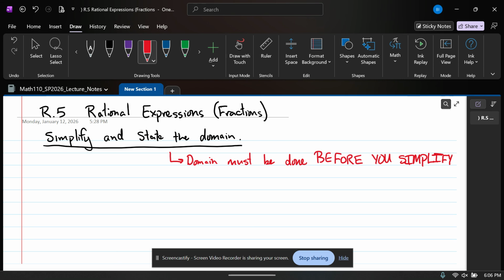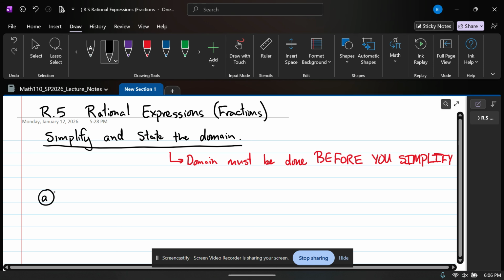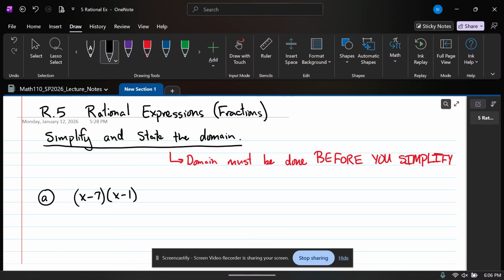Okay. So let's get our first example. And I'm going to be nice to you on this first one, and it's already going to be in factored form. So what this lesson is going to do is combine together the things that we did in labs today with the stuff that we kind of already know.